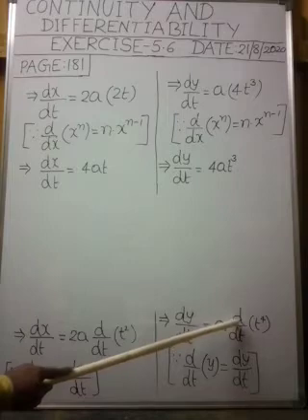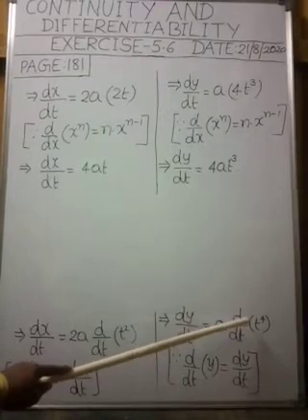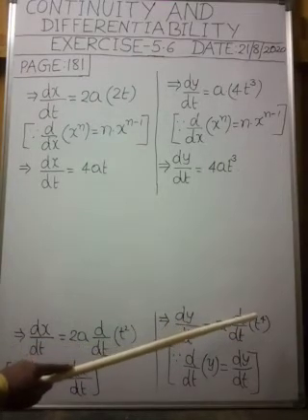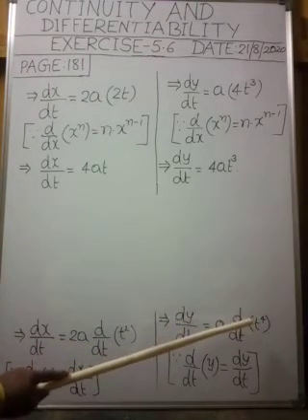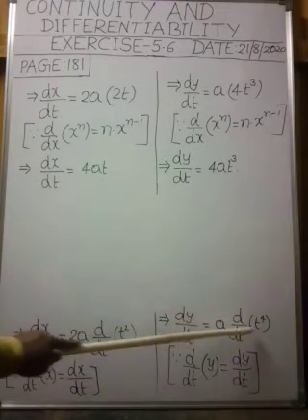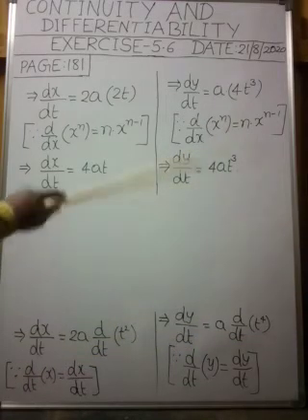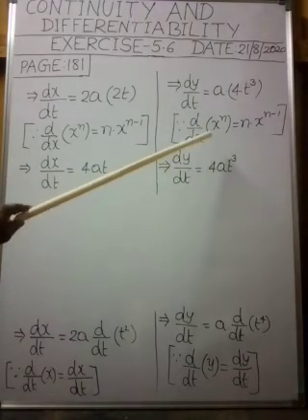It is in the form of d by dx of x power n. Yes, we have to identify which formula is suitable to find the differentiation of the given function. So it is in the form of d by dx of x power n. Understood, my children? Right. So we are using that formula.